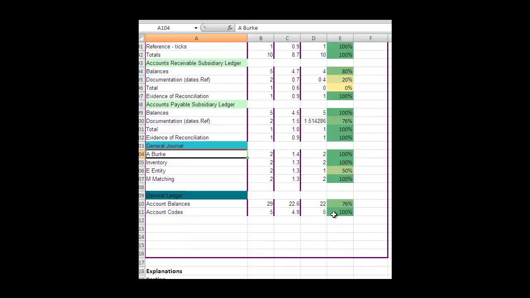And finally, the ledger was broken into two parts: the account balances, with a total there of 29. I thought it was 27, but the total there is 29. That's just for the closing of the balances, and the account codes, that's just putting your right account codes in, and that was worth 5 marks.